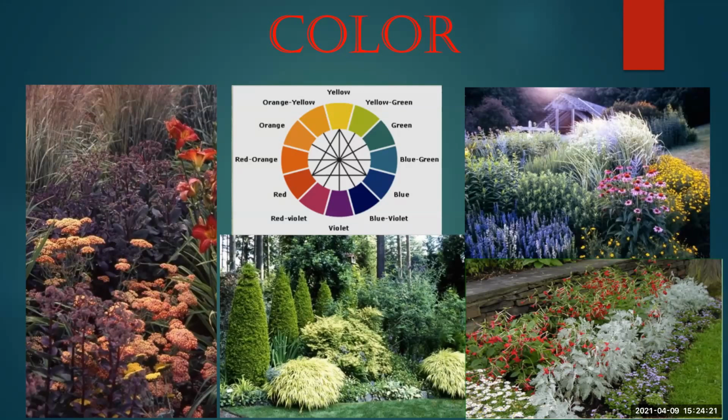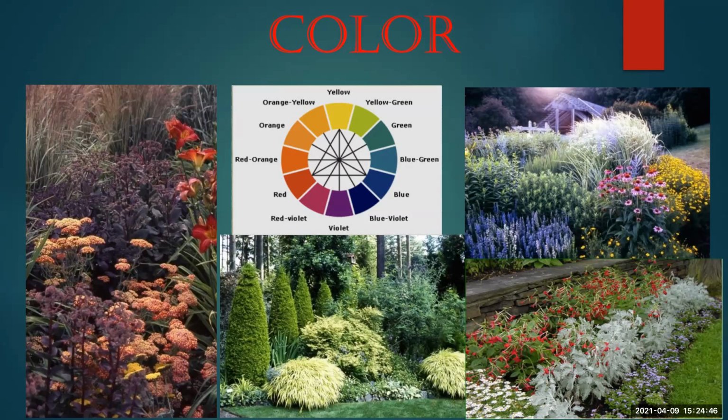And so when we're looking at these, your reds and oranges tend to be very warm, very vibrant, very energetic colors. So if you want your landscape to have lots of color or energy to it, then you probably want to go to the colors like the ones that are on the left here.